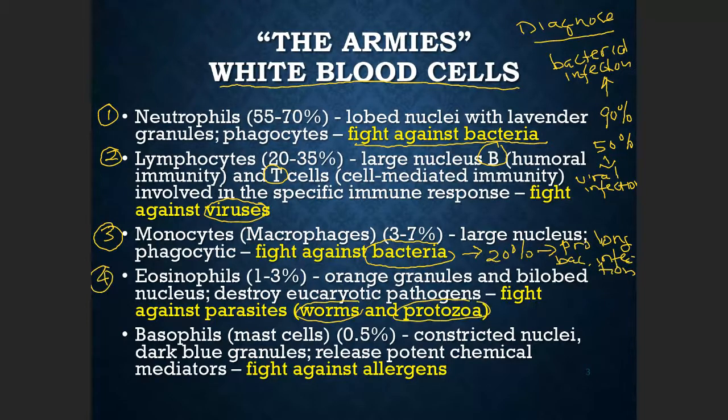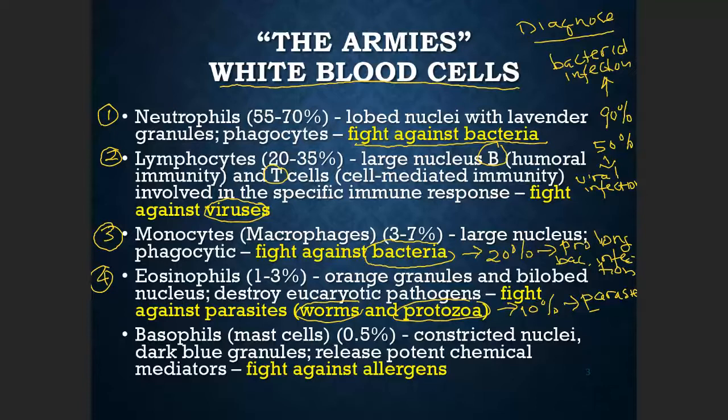Now, if we take a sample again and the eosinophil increases, let's say, to 10%, then it gives us the indication that there is a parasite in our body. Okay, so this is how we use this differential calculation of white blood cell to diagnose disease.